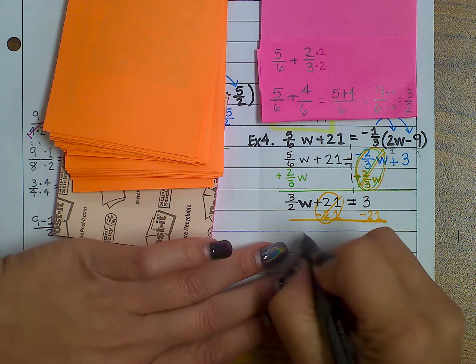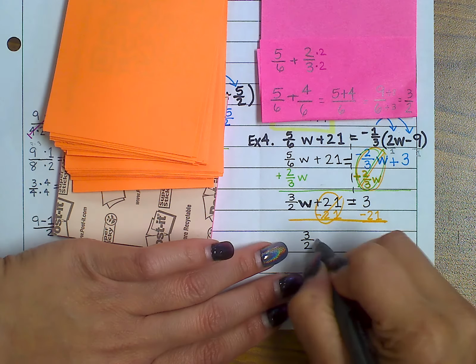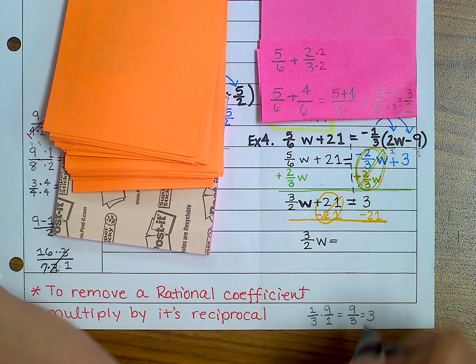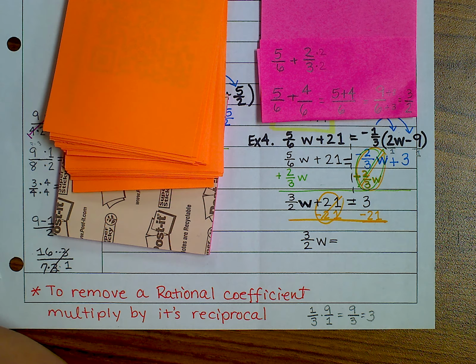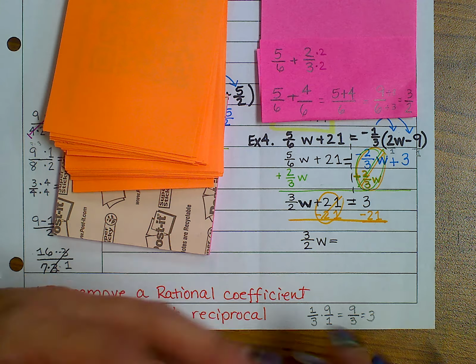So I'm going to bring down my 3 over 2 W is equal, that should give us negative, definitely. So let's count backwards.